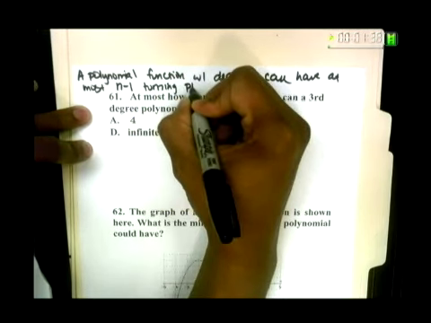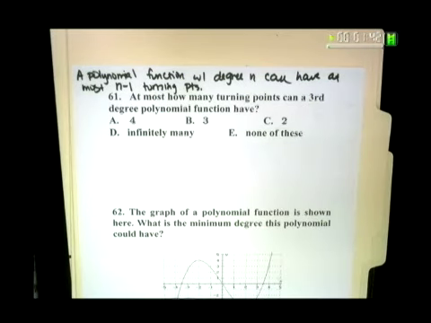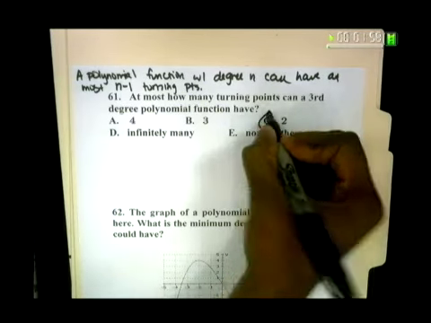So you want to make sure that you look at those. One less. If the degree is n, then the most it can have is n minus 1 turning points. So at most, how many turning points can a third degree polynomial function have? 2.